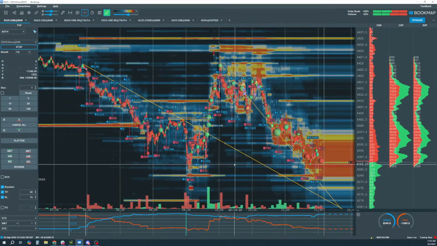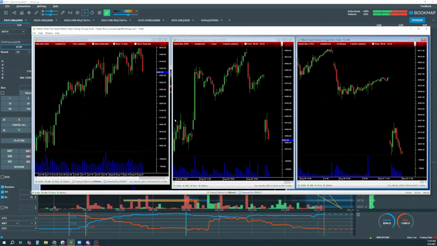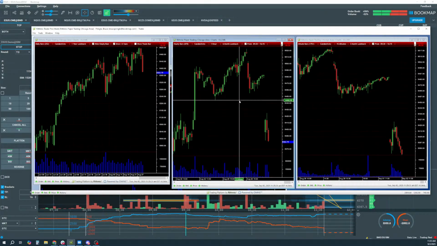Okay, so now we're at the low of the day here. And let's take a look at our candlestick chart here. Boy, that was short-lived. We didn't get a move halfway. We didn't get much of a move into the gap here. So these markets are pretty weak, right?